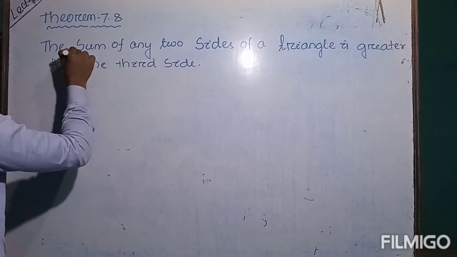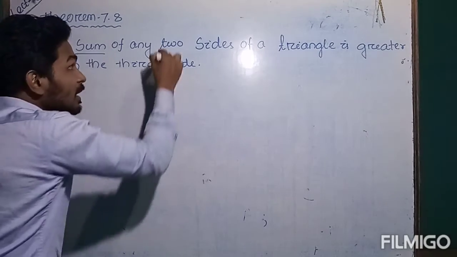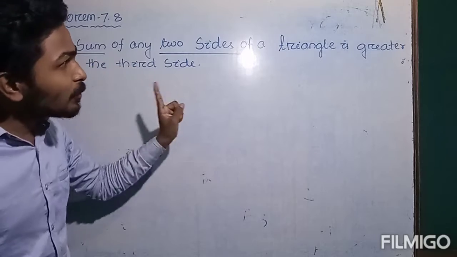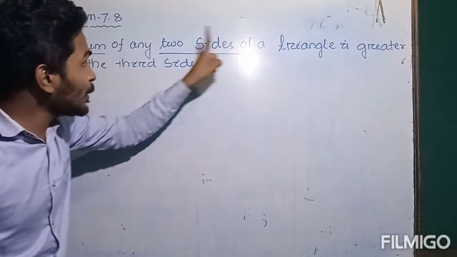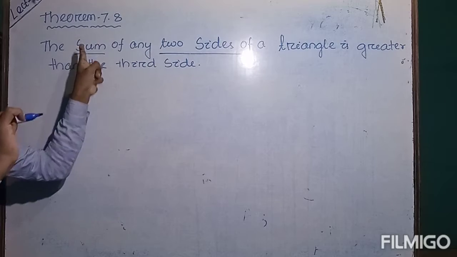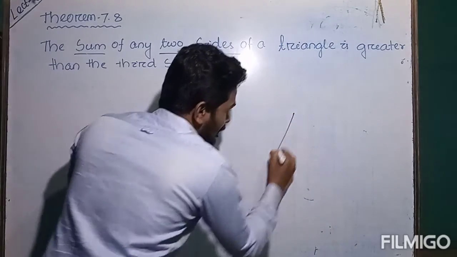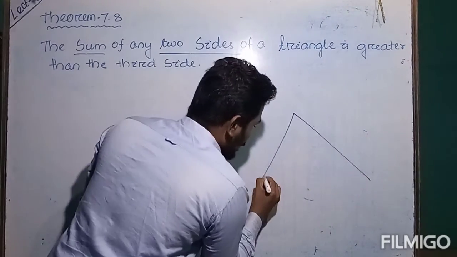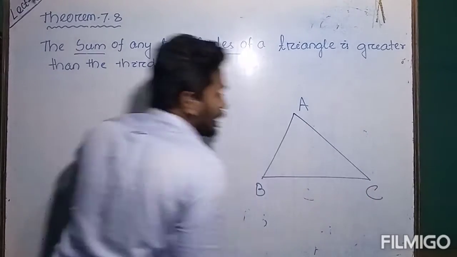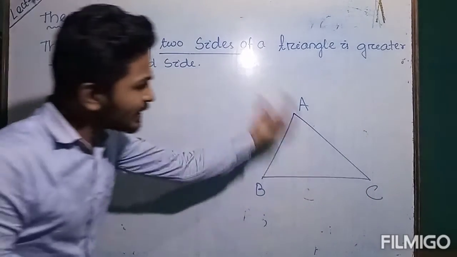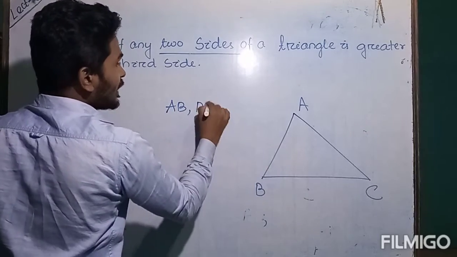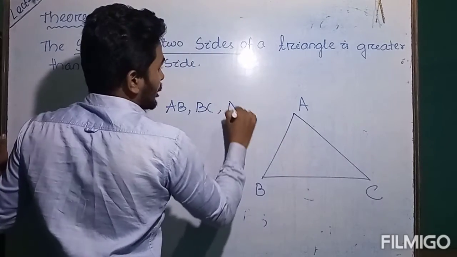The sum of which sum? Any two sides of a triangle. So we first draw a triangle, then find any two sides, then sum, meaning add them. Let's say this is the triangle ABC. It has three sides, side AB, side BC and side AC.